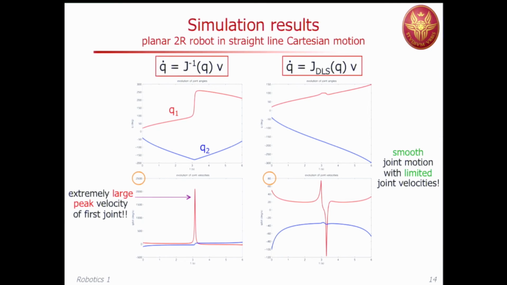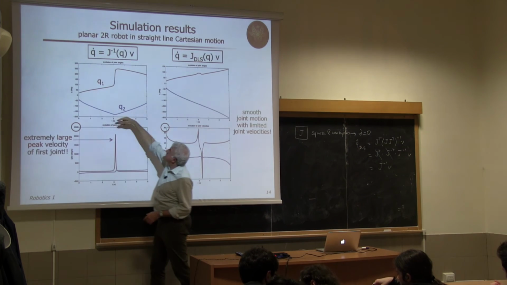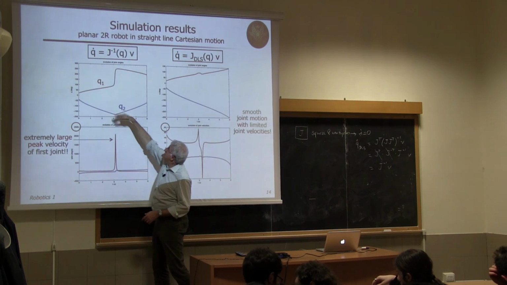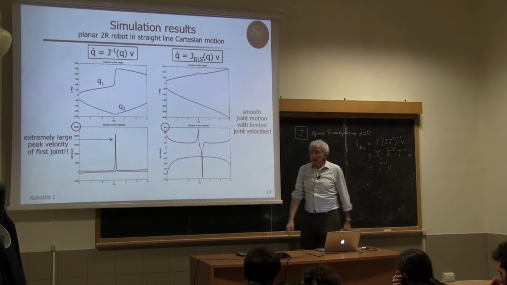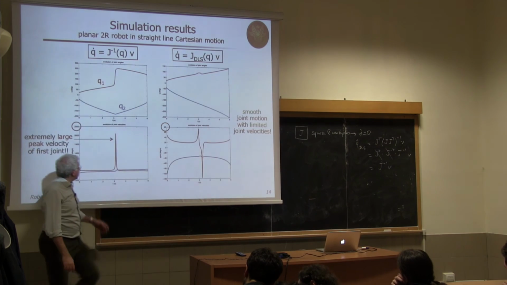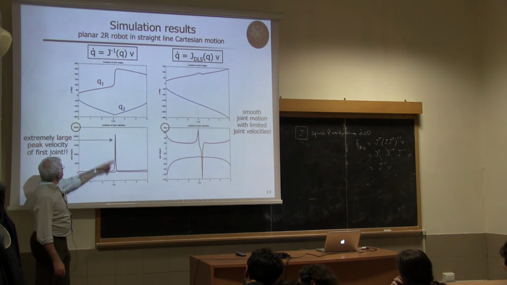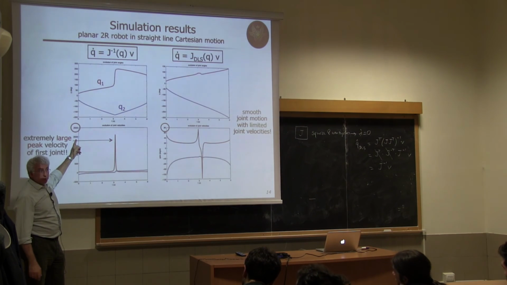So here you see joint motion with the J to the minus 1 and joint motion with the damped least square. Here you see a jump from 50 degrees to 300 degrees almost instantaneously. Here it's a smooth motion all over the place. And if I look at the velocities, unsaturated, here I have a peak of 2,000 and more degrees per second.